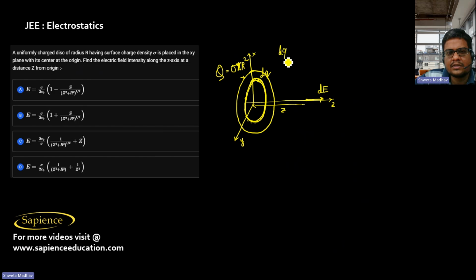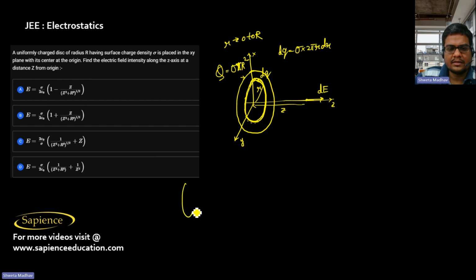So dq, I can say, is equal to sigma into 2 pi r dr, and this r will obviously go from 0 to r.